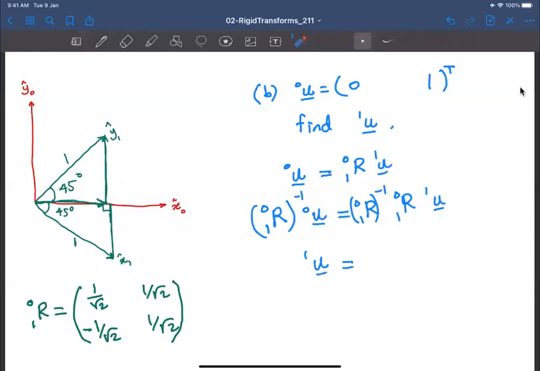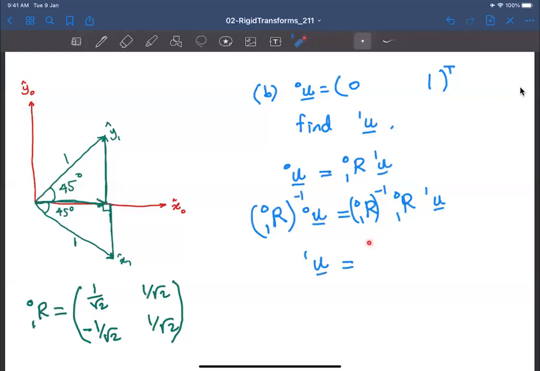But hold on a second. What is the inverse of a matrix? By orthogonality of rotation matrices, we know that the inverse is nothing but the transpose of the matrix. So we can replace the inverse by the transpose.